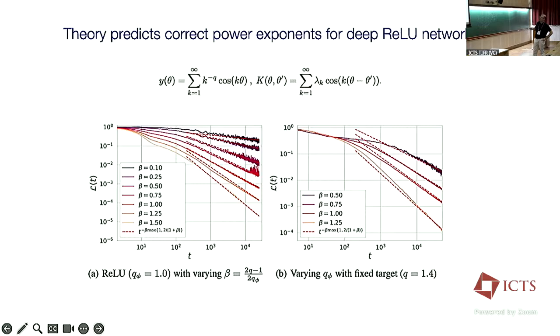Beta here is a function of the Q here, so it's a measure of hardness and easiness. The point I want to make is that the scaling exponents we derived from the linear theory seem to match in the ReLU case as well. In different cases, so it didn't have to happen.